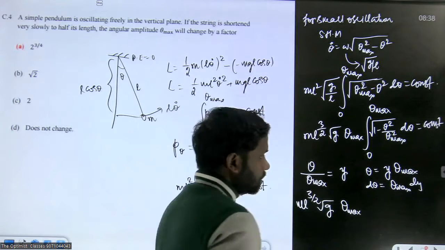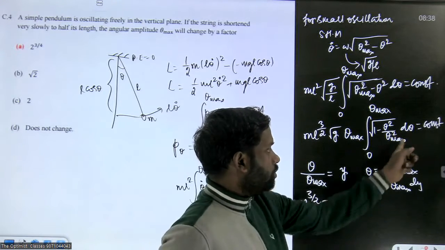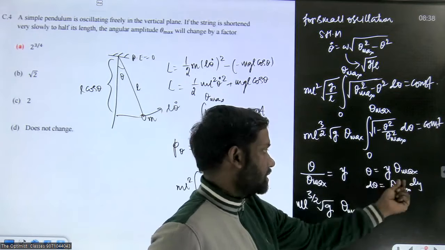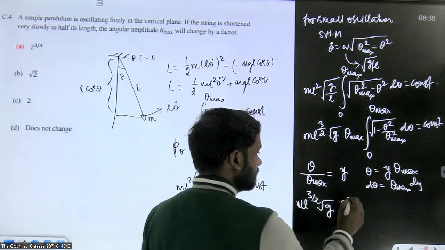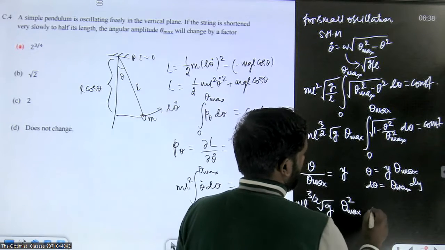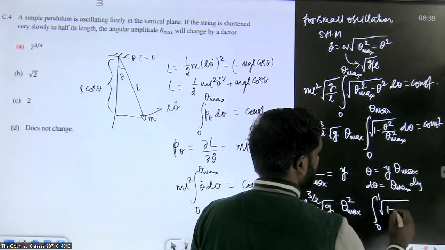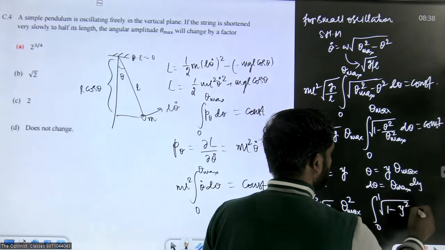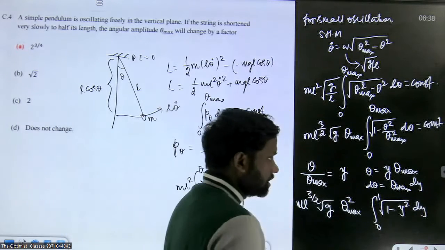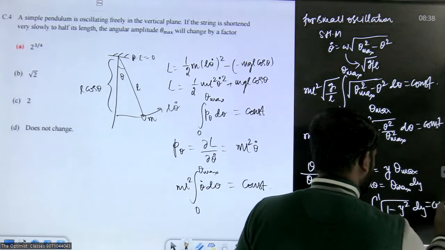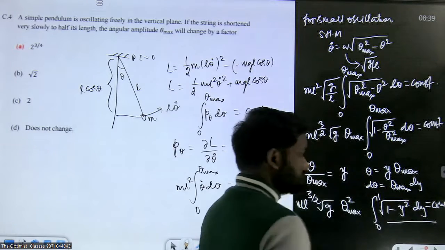So when you put d theta, theta max into dy, another theta max you will get. So you get theta max square here. And the integration will transform into 0 to 1 of root under 1 minus y square dy. Okay, so that is actually constant. When you integrate this one, you get just a number.